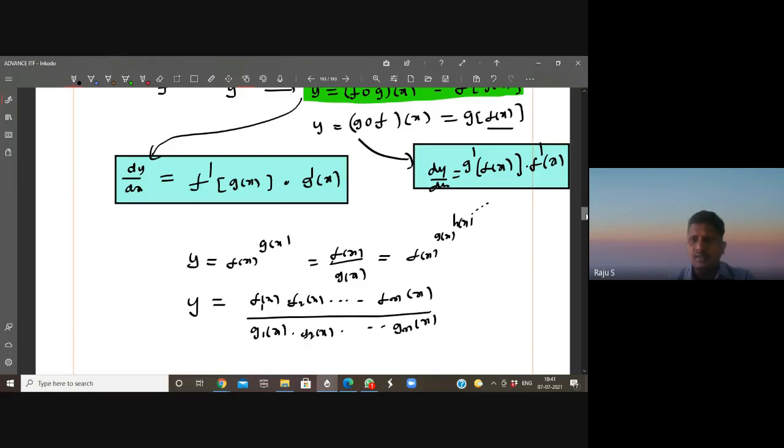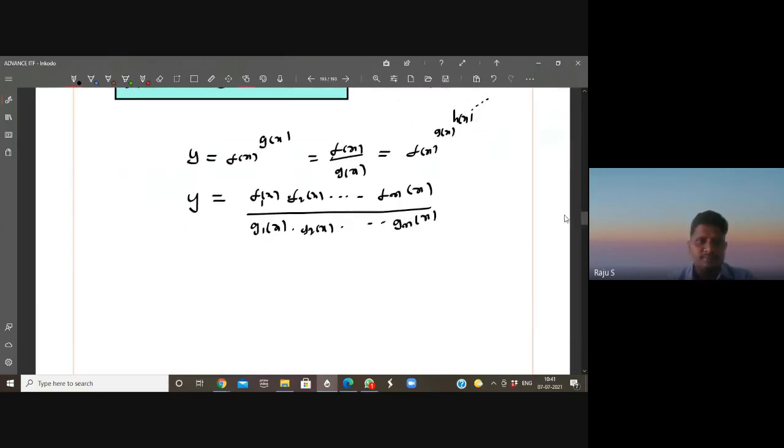In that case also you can apply the logarithmic method. So for logarithmic differentiation, for this kind of function we can apply log on both sides, then you can differentiate. You'll get the answer easily. Okay, students.